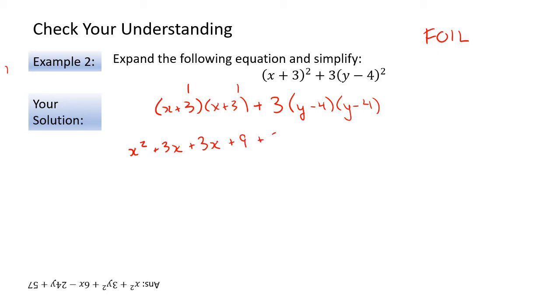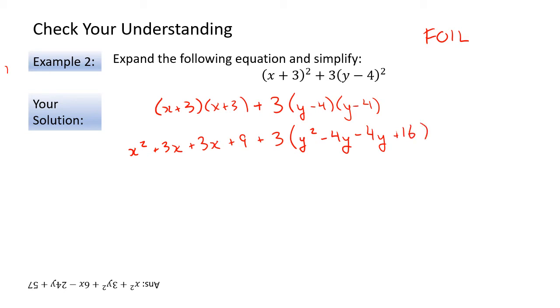Then we have plus 3, and doing the exact same thing again. The first terms, y times y, is y squared. The outside terms, y times negative 4, is negative 4y. The inside terms, negative 4 times y, so minus 4y. And the last terms, negative 4 times negative 4 is plus 16.